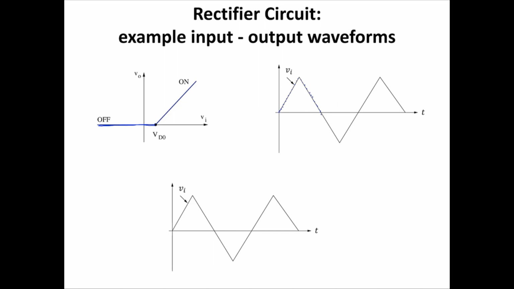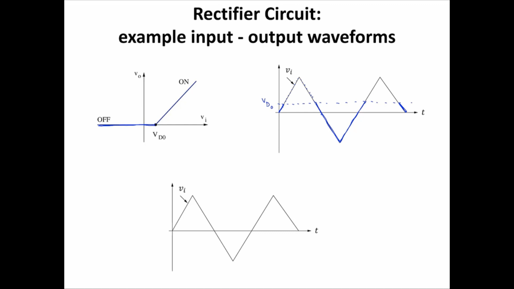In my graph for the given Vi, I can find the time points at which Vi is less than the VD0 value. So let me draw a line for VD0. Say that this is the line of VD0 volt. The amplitude of Vi is less than VD0 here, and also in this region, and also in this region.